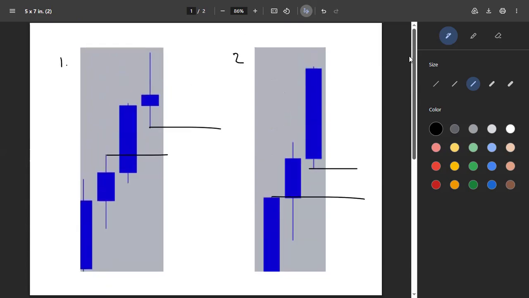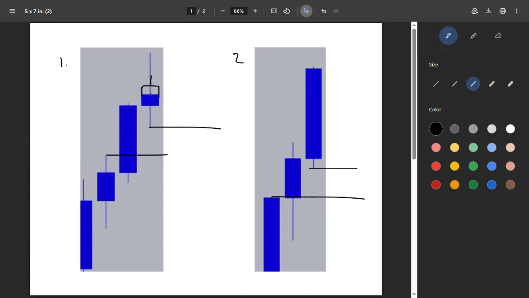So starting with the first scenario, whenever you see the third candle having a small body, and sometimes it can be a little bit big, but the third wick is small, that means there was a consolidation in this candle.